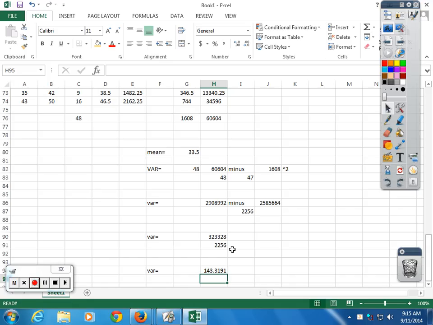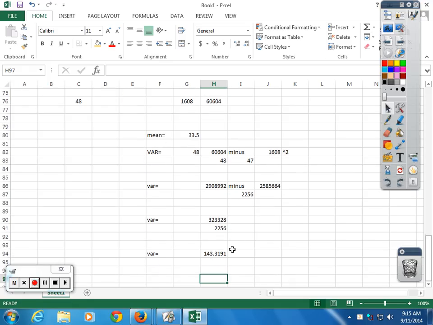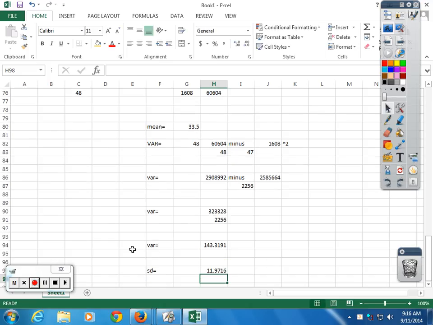So the variance is 143. And then what do we do with the 143? Raise it to the 0.5 power, raise it to the 1/2 power, or take the square root of it. It's easier on the calculator to raise it to the 0.5 power. I get 11.96 or 12.